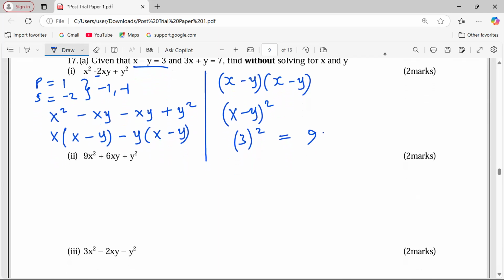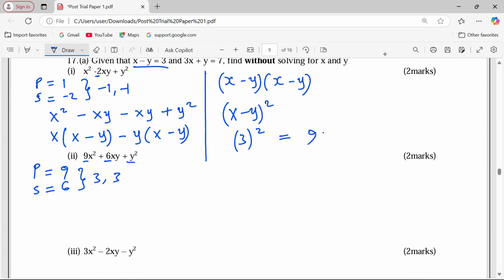In part 2, we are told to find the value of 9x squared plus 6xy plus y squared. Again we factorize: product a times c is 9, sum the value of b is 6. So the numbers are 3 and 3.